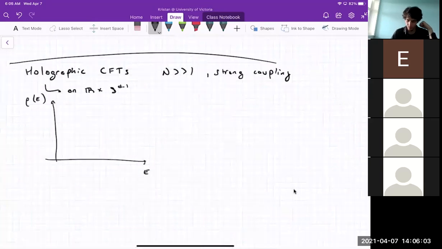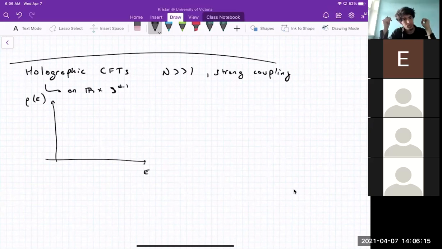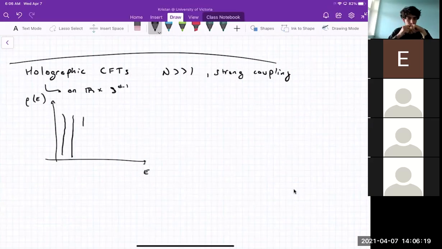And using the usual operator-state correspondence in CFT, this maps to the spectrum of local operators in flat space. So this is a natural thing to study. What you get is a bunch of light operators. So you get like a Dirac comb where there are a lot of light operators.